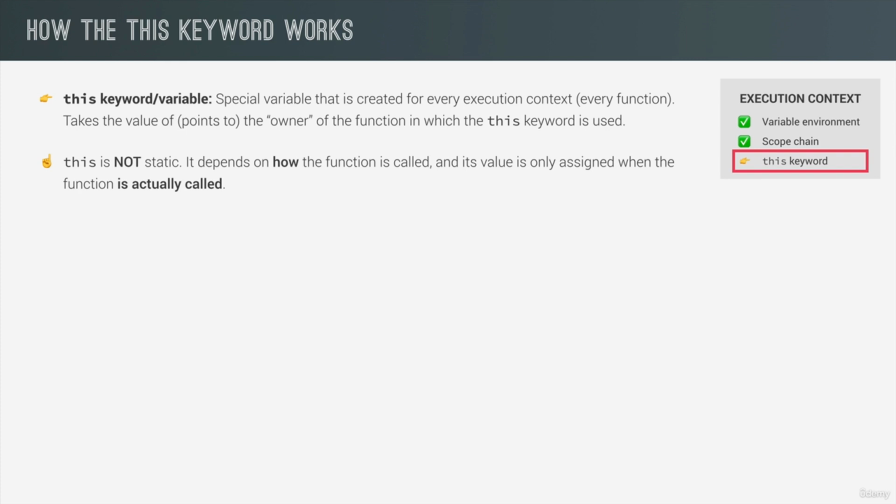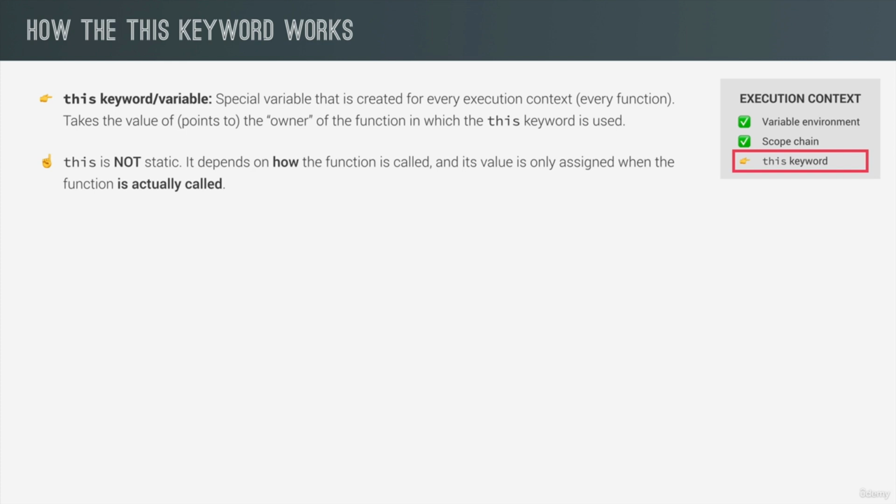It depends on how the function is actually called, and its value is only assigned when the function is actually called. So it's very different from a normal value in this regard. If we set, for example, x to 5, then x will always just be 5. But the this keyword, again, depends on the way in which a function is called.